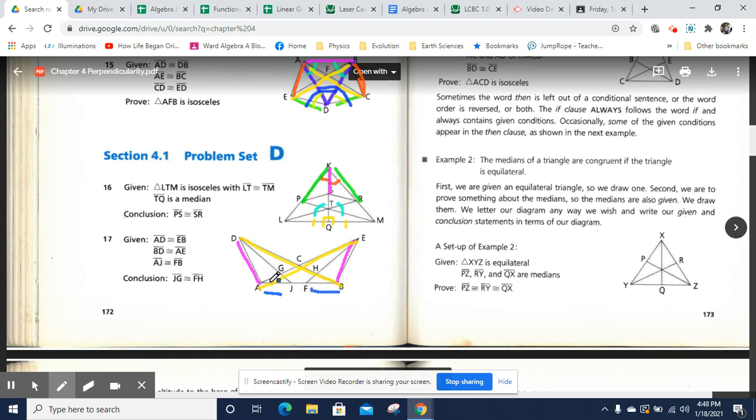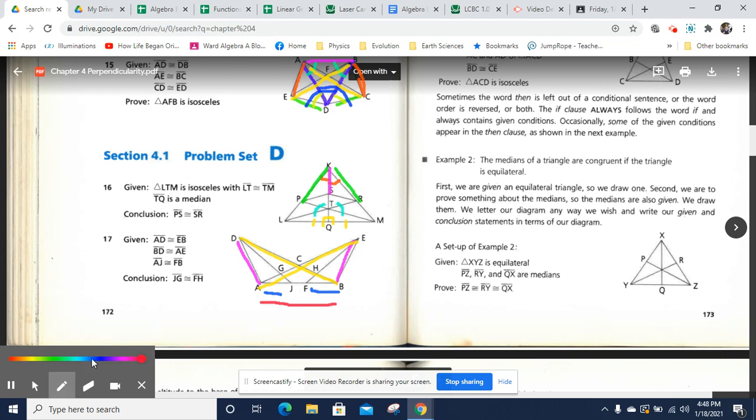Now, with all that information, we can add some more. We can also add that AB is congruent with itself. Let me erase that so you can see that that's a B. Okay, so that will tell us that DAB is congruent to EBA, and that will give us a couple angles that might help us here.